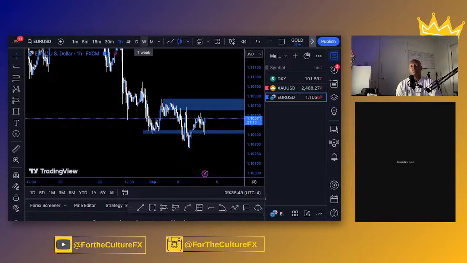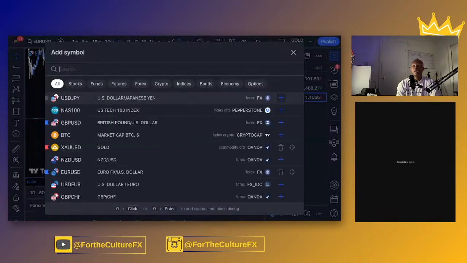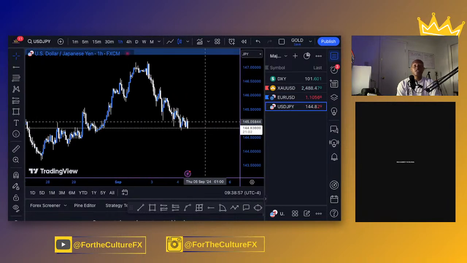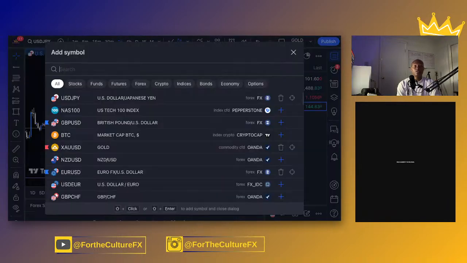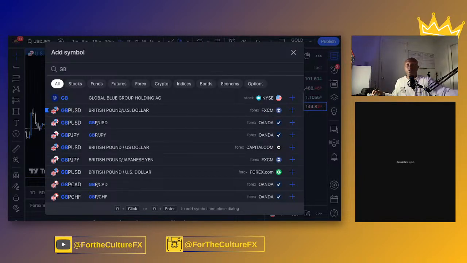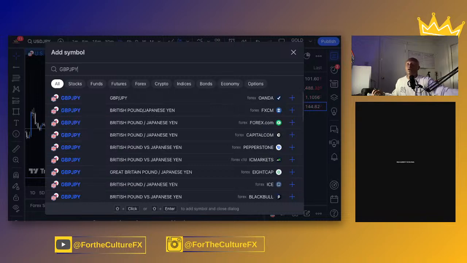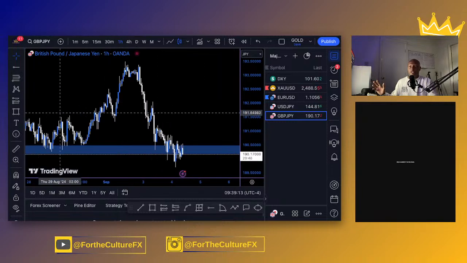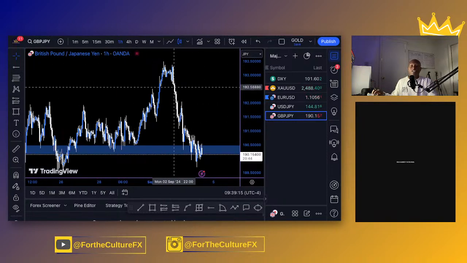Like if you were trading a JPY pair, let's say USD JPY, or GBP JPY, though I only trade EU and gold. Generally during the Asian session, these JPY pairs have more volume.